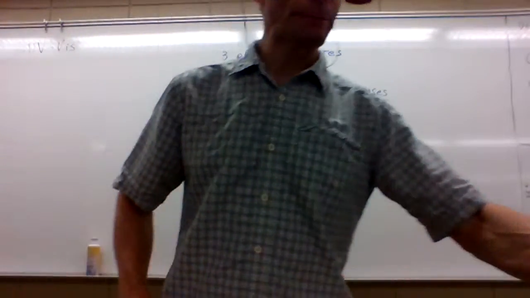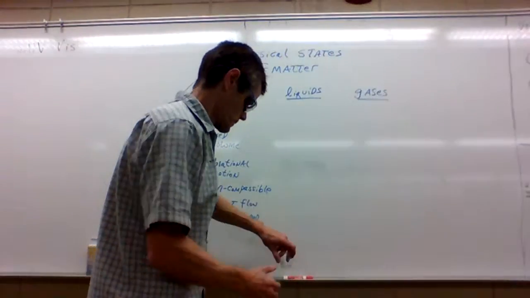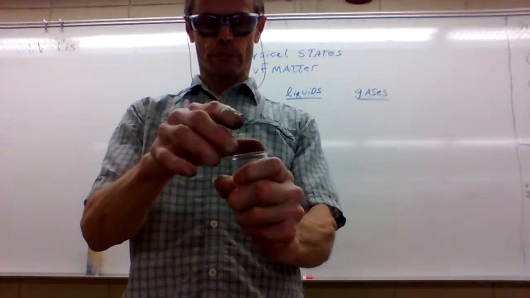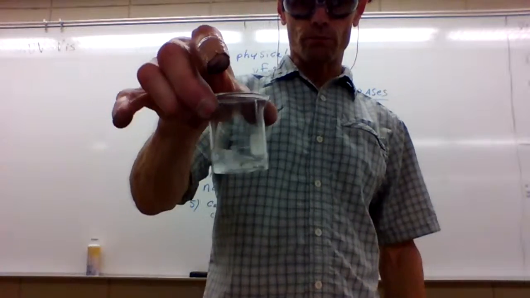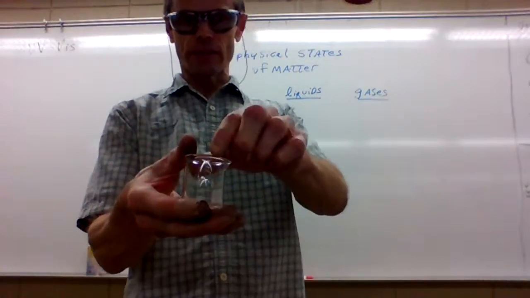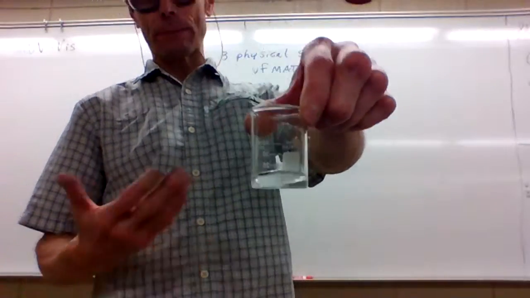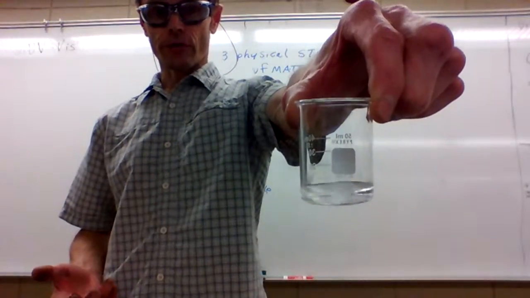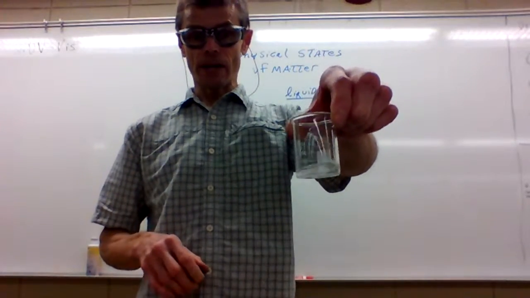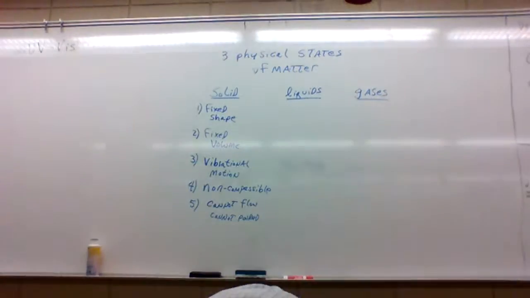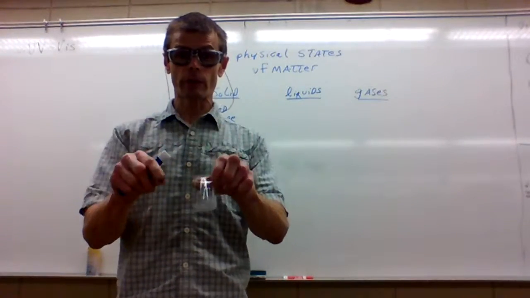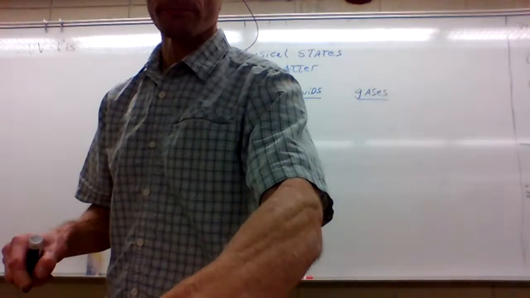So if we look at my sample that I have here, notice it's sitting in my hand. And it's getting warmer. And what happens to that solid as it sits in my hand? We could probably see that. And we probably know that if we're sitting out on a hot day with a nice cold drink with some ice cubes in it, ice cubes start to melt. And that's because what we're adding is thermal energy, and we're encouraging the particles to move more.